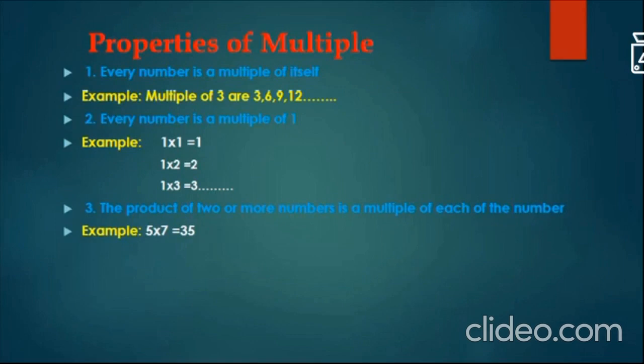For example, 5 multiplied by 7 is equal to 35. 35 is a multiple of 5 as well as 7. You can find 35 in the multiplication table of 5 and you can find 35 in the multiplication table of 7 also. So 35 is a multiple of 5 and 7, both the numbers.